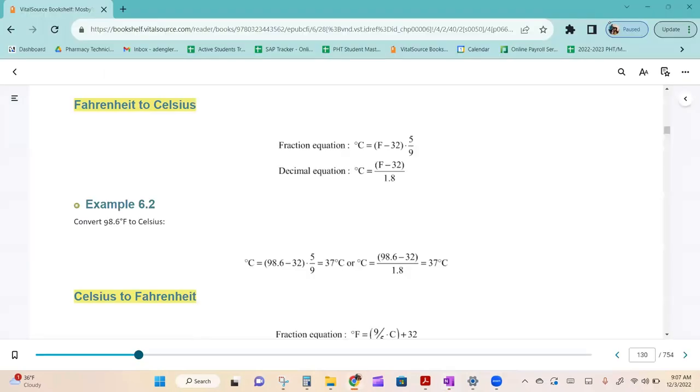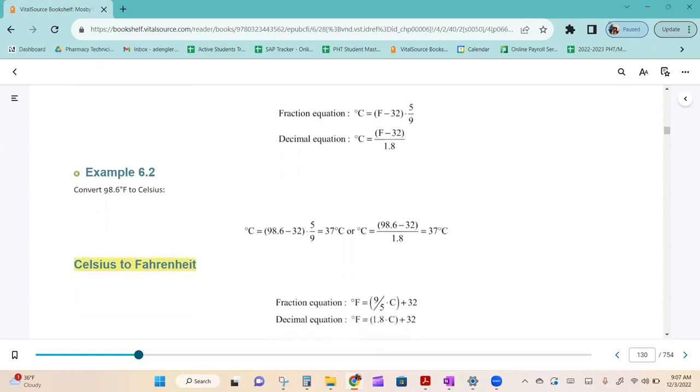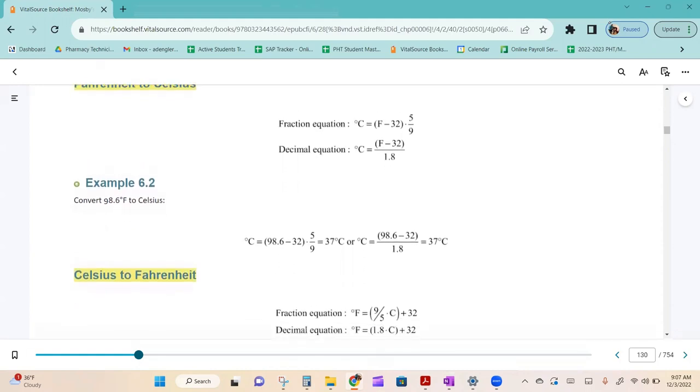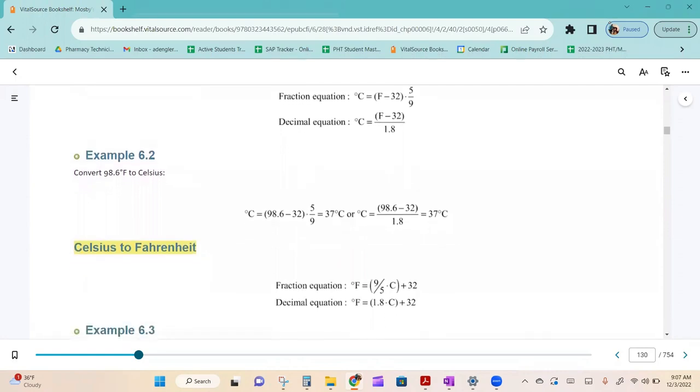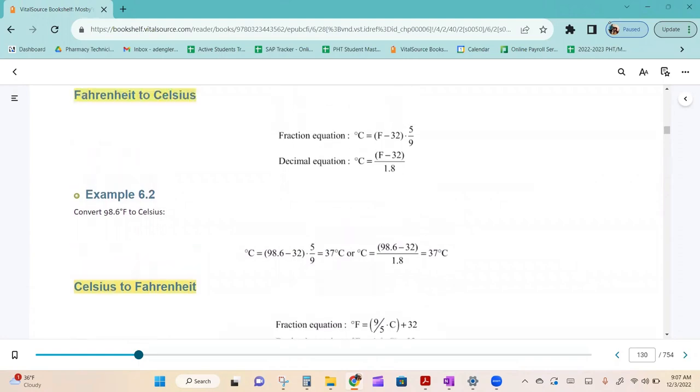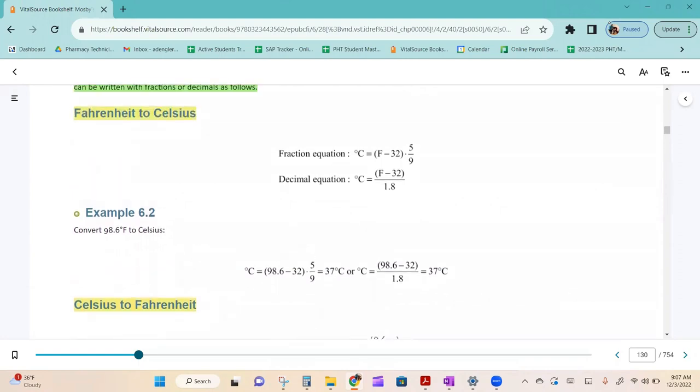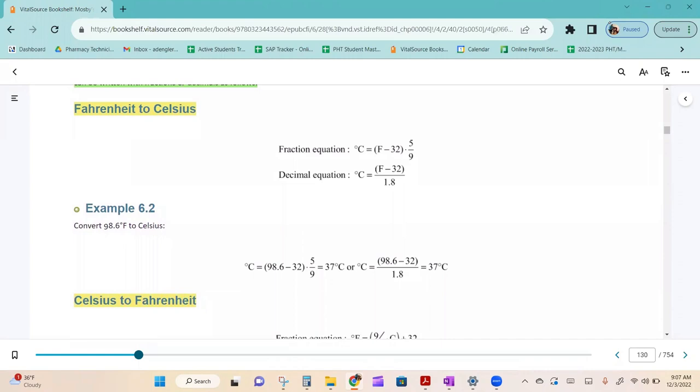Okay, so we're going to be going from Fahrenheit to Celsius and Celsius to Fahrenheit. You can see the two different formulas that I mentioned before. I'm going to use the decimal equation for both of them. So for the first one, we're going to convert from 98.6 degrees Fahrenheit to Celsius.